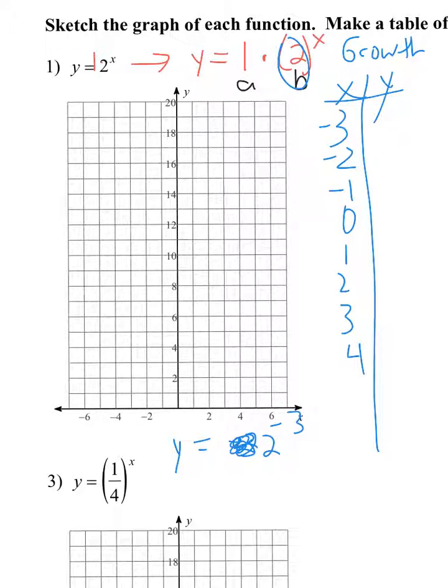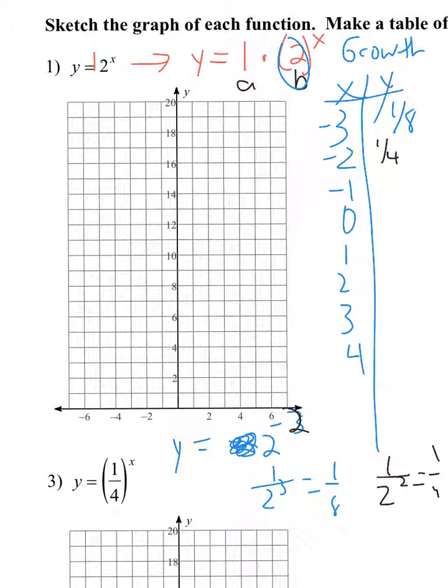Now remember, with negative exponents, that's the same as 1 over 2 to the 3rd. 2 to the 3rd is 8, so it's 1/8. So at -3, we're at 1/8. If I put -2 in, it would be 2 to the -2nd power, which is 1 over 2 squared, which is 1/4. So at -2, we're at 1/4.